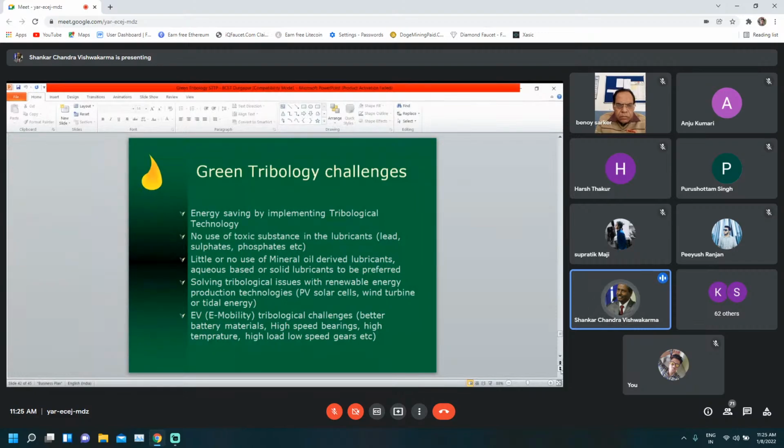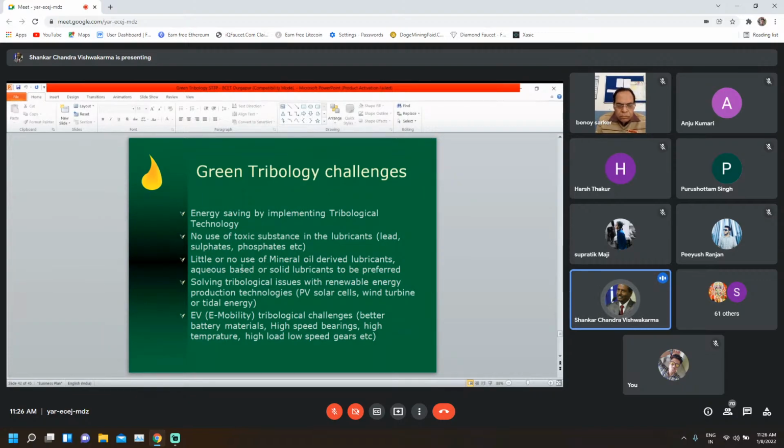ZDDP is zinc dialkyl dithiophosphate. So the sulfate is there, thio is there, and phosphate is there. So we need to work on this area, how to reduce the use of such toxic substances. If you reduce the toxic substances while researching new materials, this will help us to enhance green tribology.